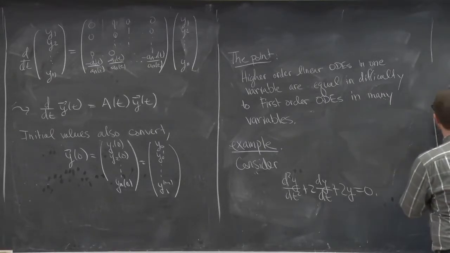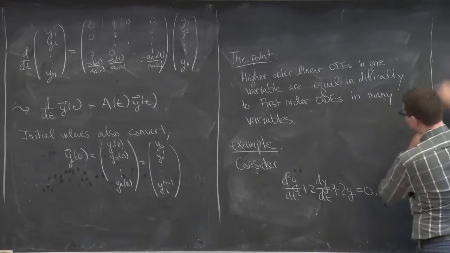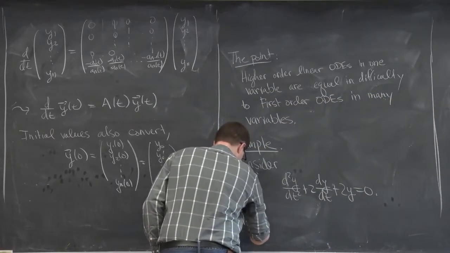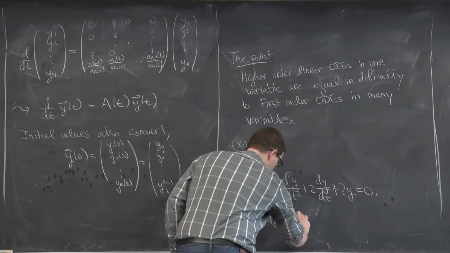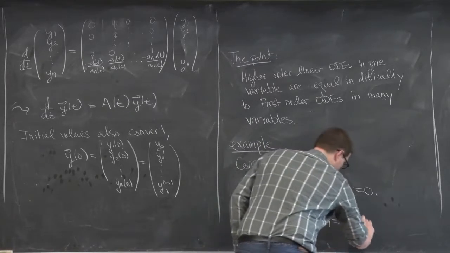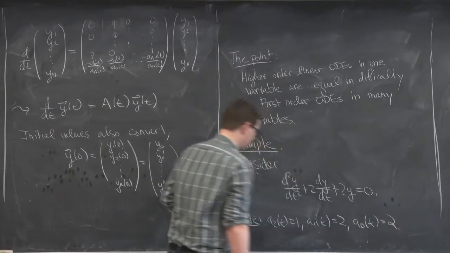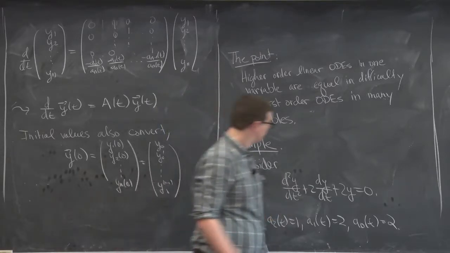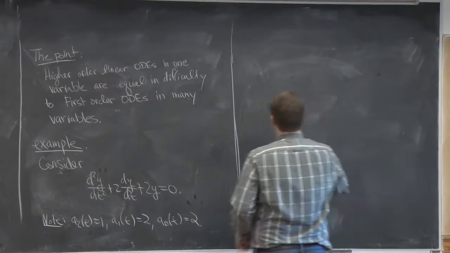So note that here, a2(t) is just 1. a1(t) is 2. And a0(t) is also 2. Okay? So these are constant coefficients. But what I said applies generally.